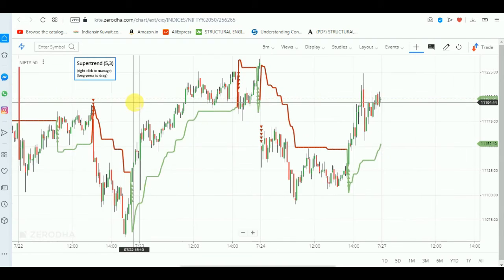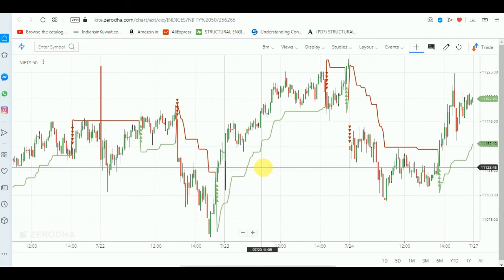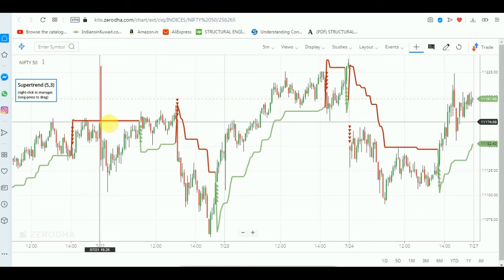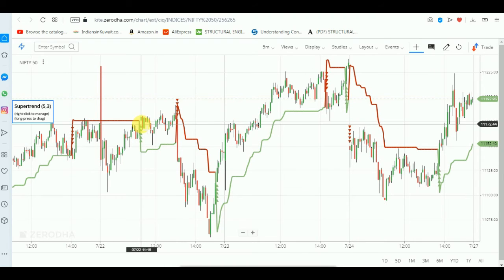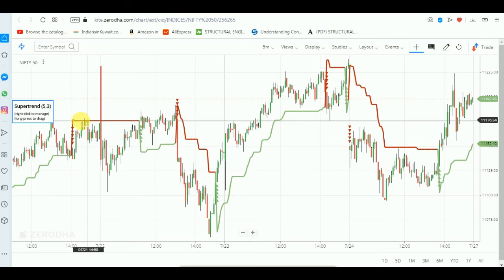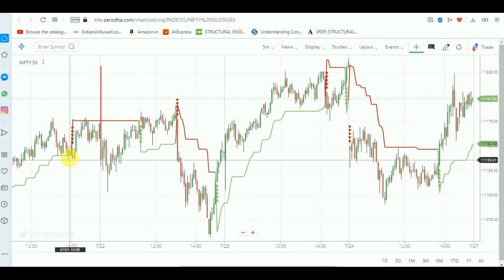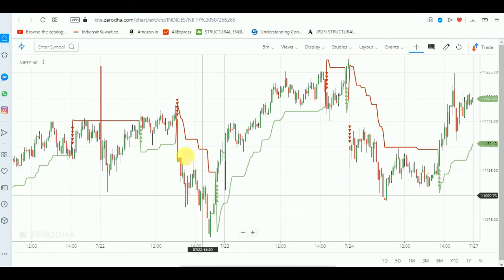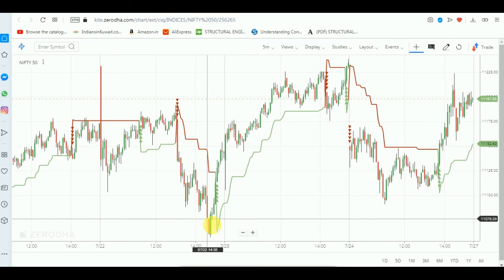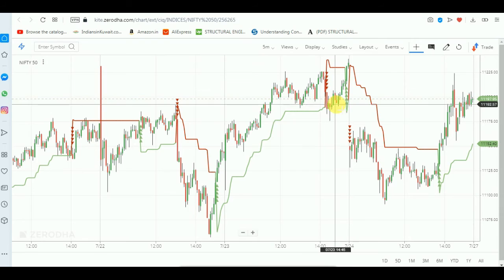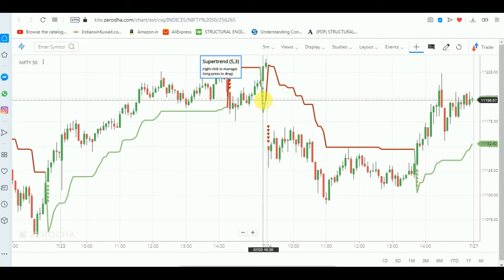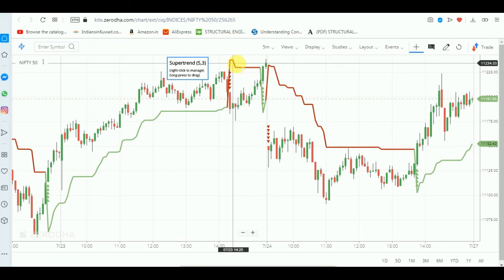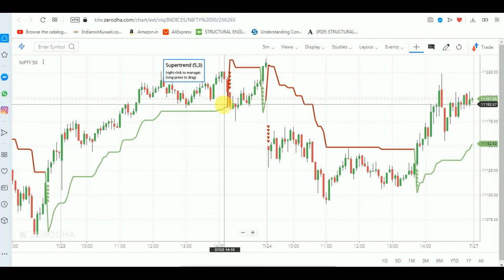After that, even with 5 period and 3 as multiplier, see here there is a red trend line, but the market has slightly gone up, then it came down, then again a quite small bullish move was there, then it shows bearish, and again you can see a flat movement here, but this trend line is showing that the market will be bearish.